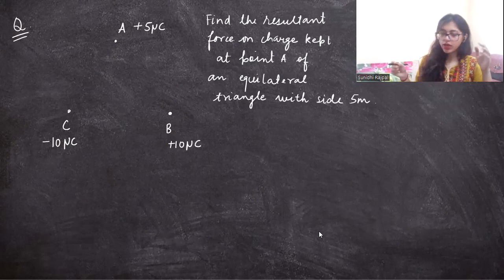So you have an equilateral triangle whose sides are 5 meters.